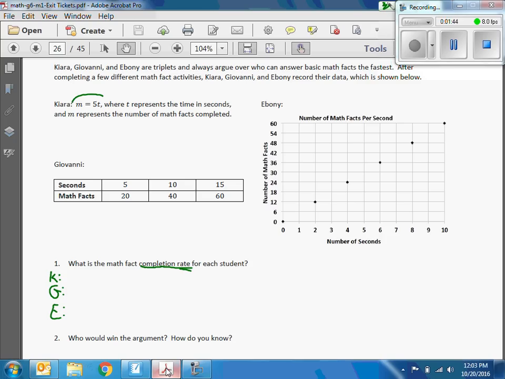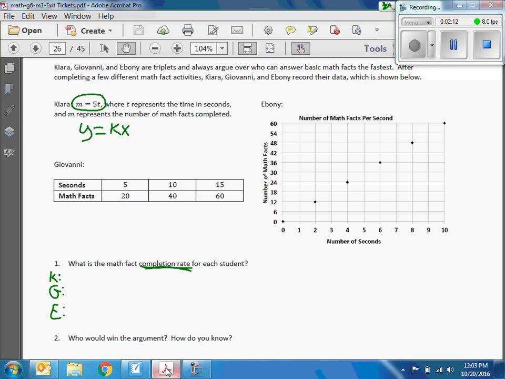Well, in this situation, Kiera has an equation, M equals 5t, where t is time in seconds, and M represents the number of math facts completed. Well, that is in the form of y equals kx. So in our case, y is representing M, which is math facts, x is time, t seconds, and 5 is our constant, or our completion rate.